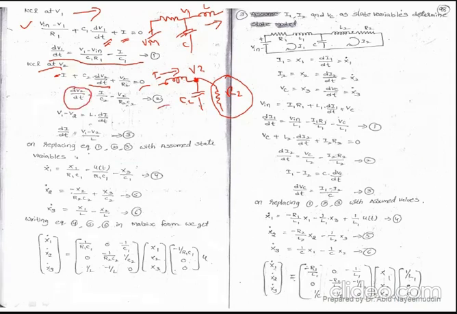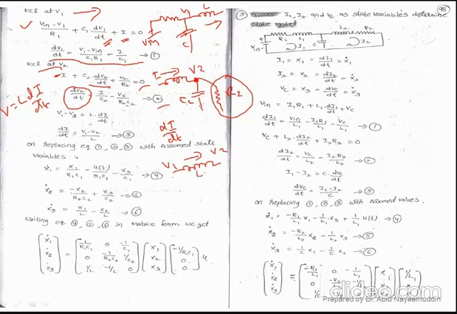Finally, the third variable: you need to get the expression for di/dt. All of you are aware that the voltage across the inductor V is equal to L into di/dt. Here the voltage across the inductor is the common voltage. The inductor is connected between V1 and V2, and the current flowing is like this.